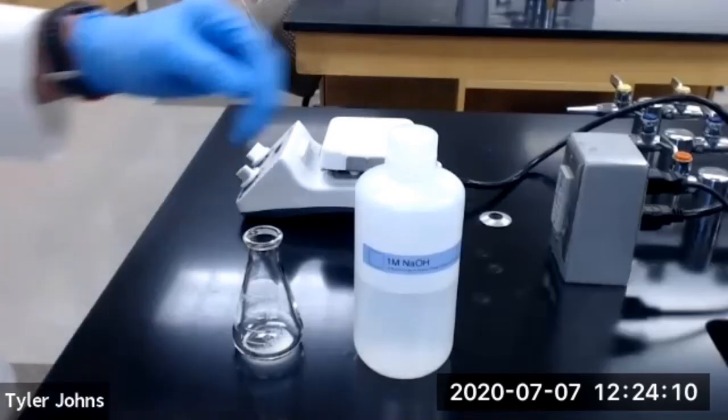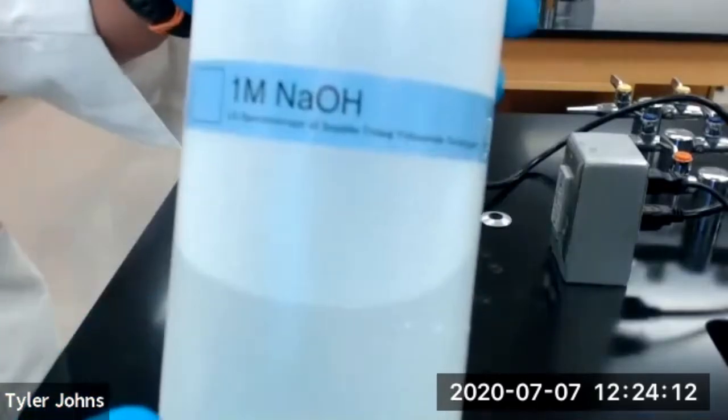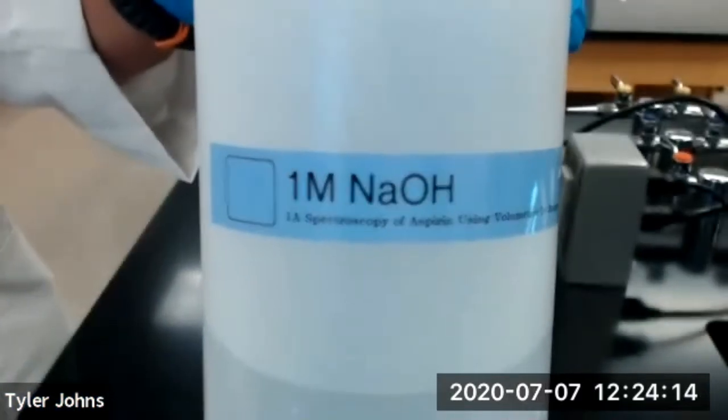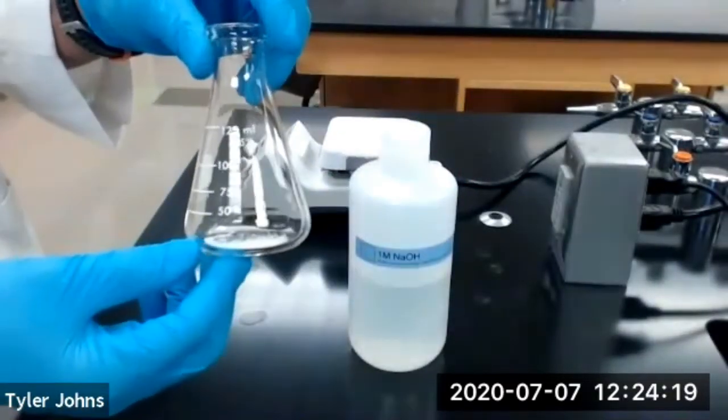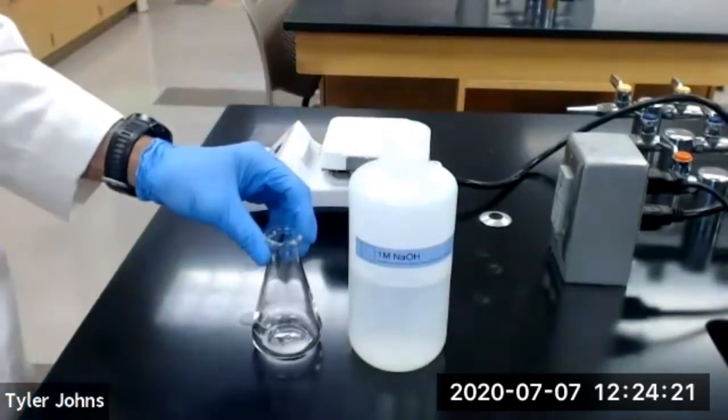We're next going to add 10 milliliters of 1 molar sodium hydroxide solution to our Erlenmeyer flask with the acetyl salicylic acid.